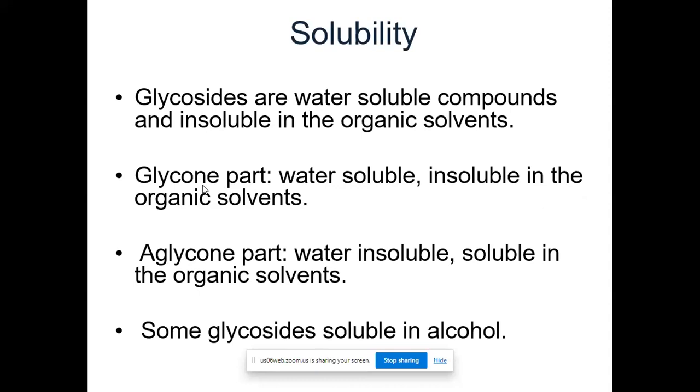So glycosides are water soluble and insoluble in organic solvents. So we have the glycon and the aglycon part. The glycon part, which is the sugar part, is soluble in water and insoluble in organic compounds, and the aglycon is vice versa. It's water insoluble and soluble in organic solvents.